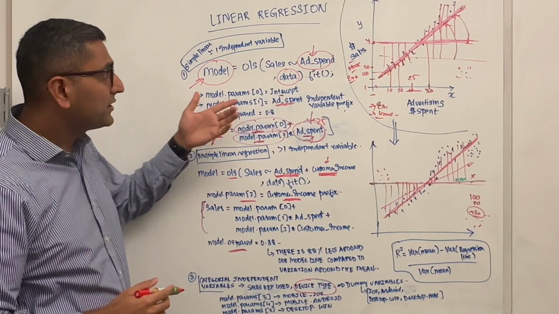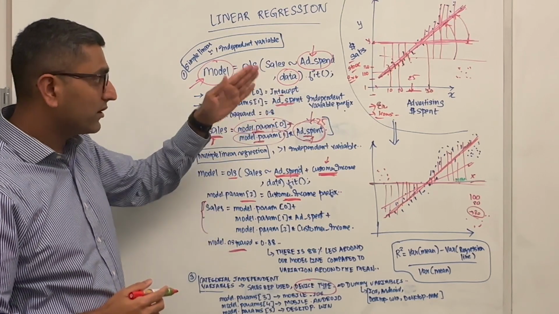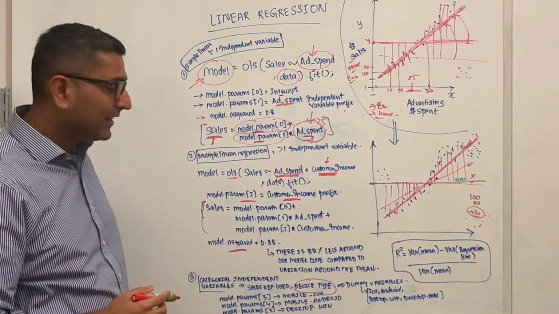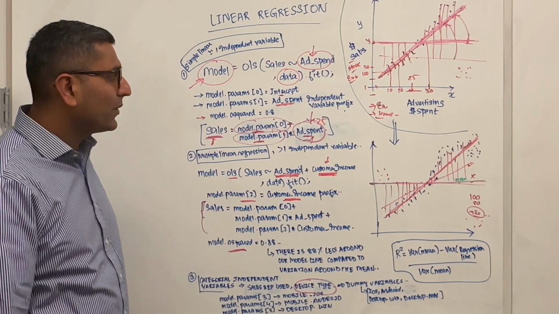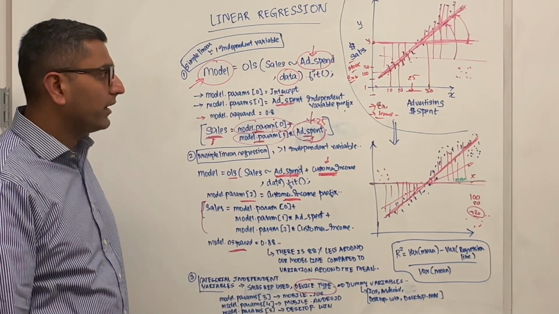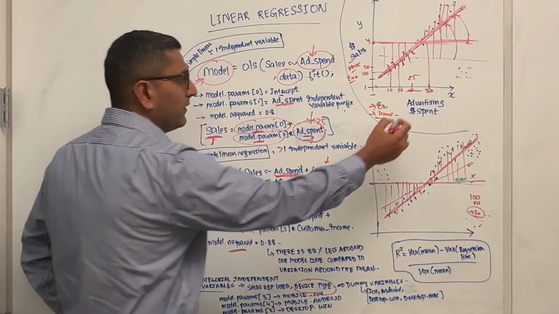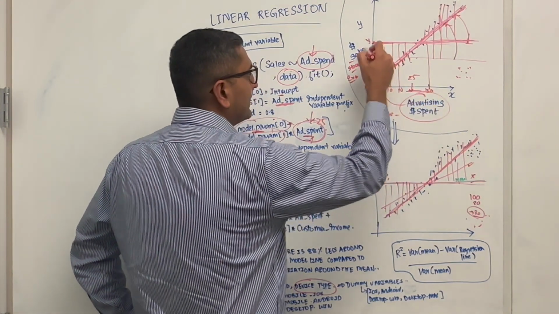In this case, it's a simple linear regression model that learns how to represent your data, and it allows you to predict what's going on in terms of capturing the relationship between, in this case, ad spend and sales.